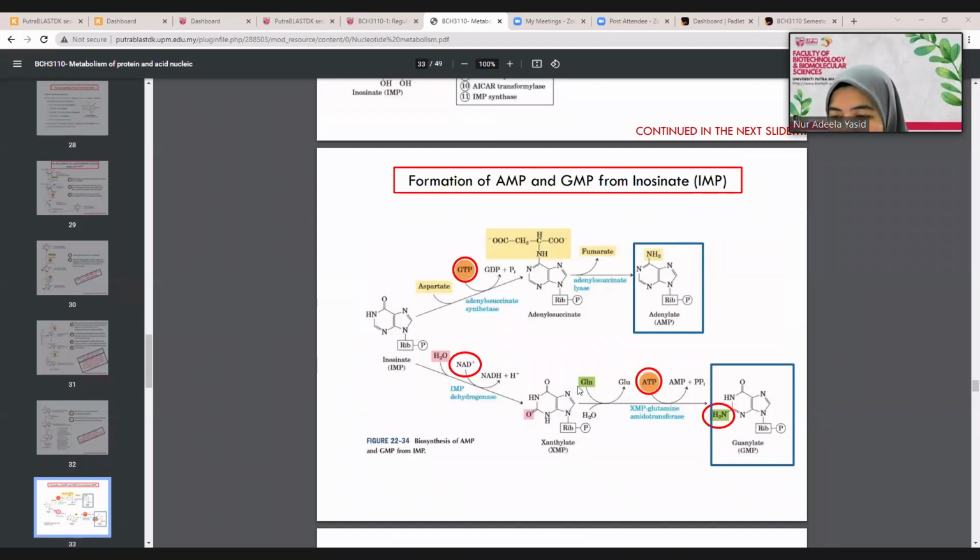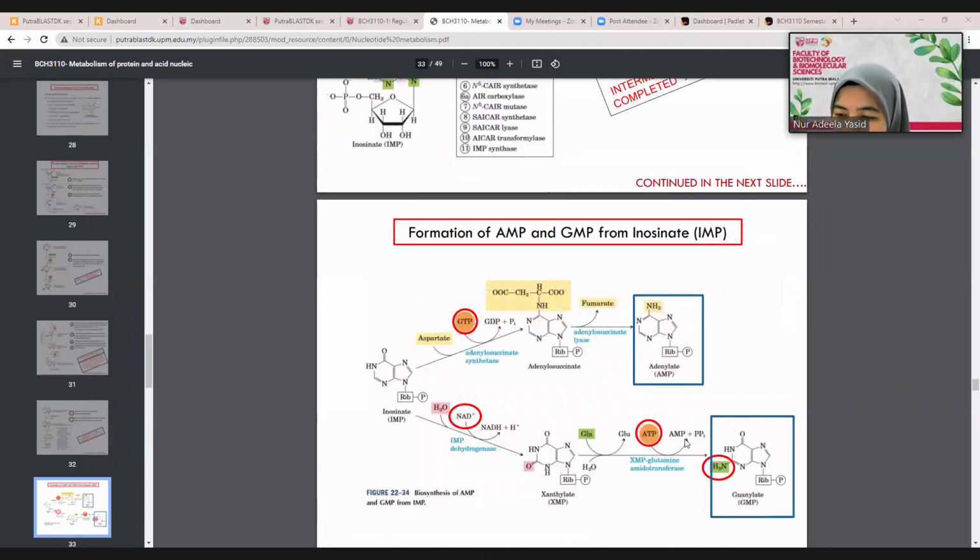Then XMP reacts with glutamine, where glutamine acts as an amino group donor, and it involves ATP. So it's an energy-requiring reaction to form guanylate. There is an addition of an amino group to xanthylate to form GMP.